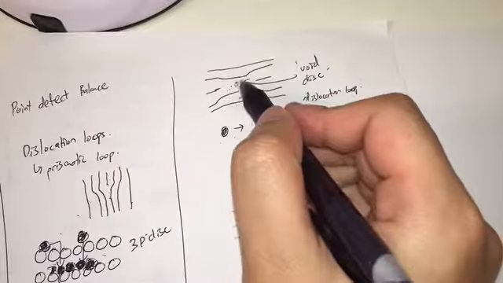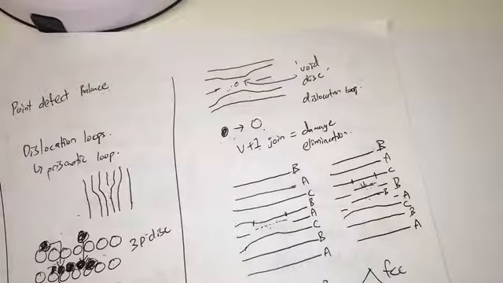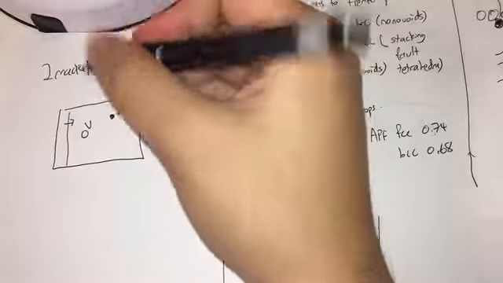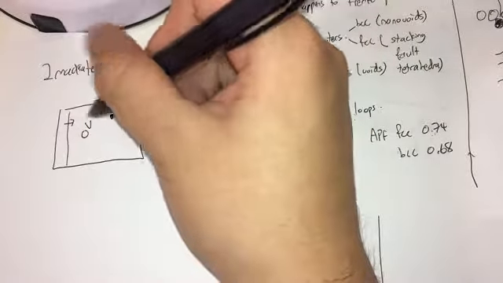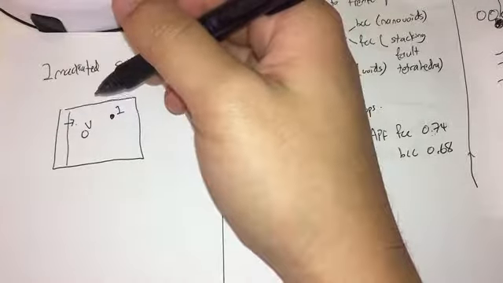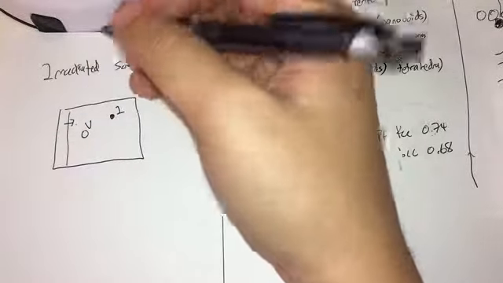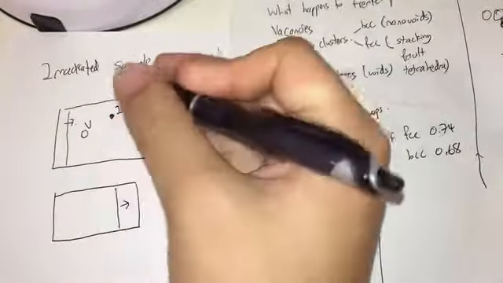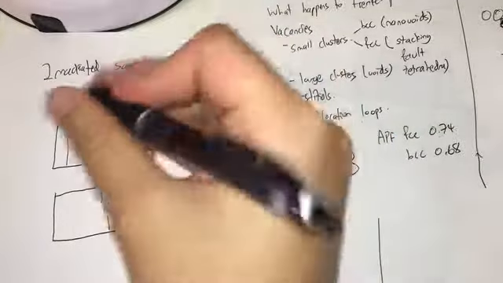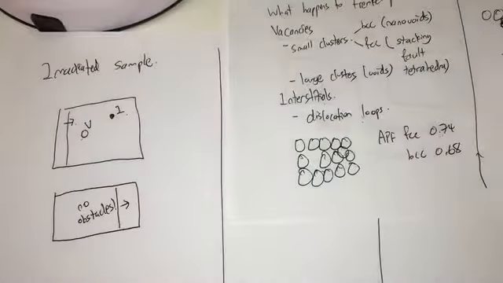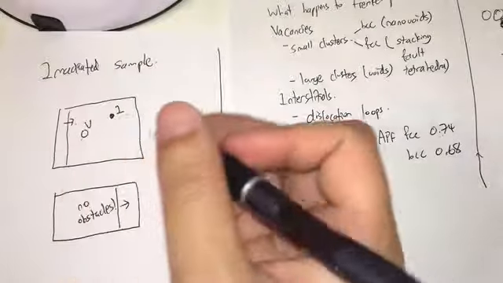Remember that when a vacancy sees an extra plane of atoms, it tends to absorb into that. So when a dislocation comes in, it will tend to absorb vacancies, it will tend to absorb interstitials, it will tend to absorb defects that are made up of either of these if it's energetically favorable. So as these dislocations travel through, suddenly all the obstacles to this dislocation are gone. No obstacles.